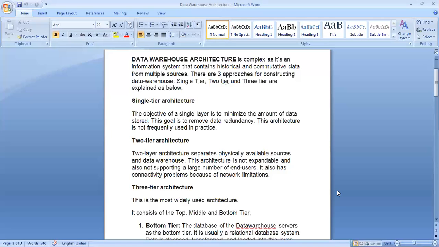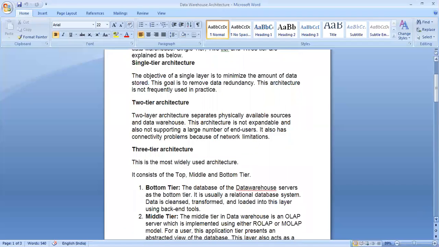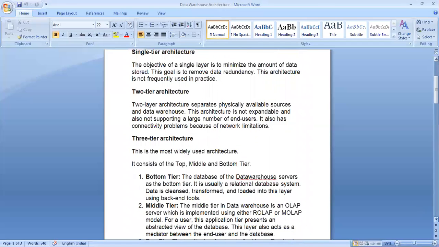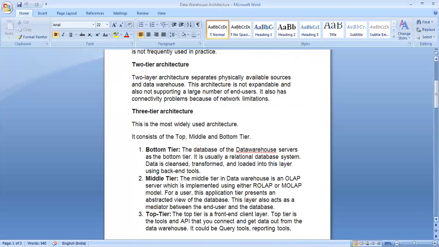To finally eliminate these problems and to provide better service for an increasing number of customers, the three-tier architecture came. In the three-tier architecture, there are three tiers: bottom tier, middle tier, and top tier. It is based on the concept of parallel programming, in which we use the relational database in a slightly different way, with the involvement of OLAP tools.